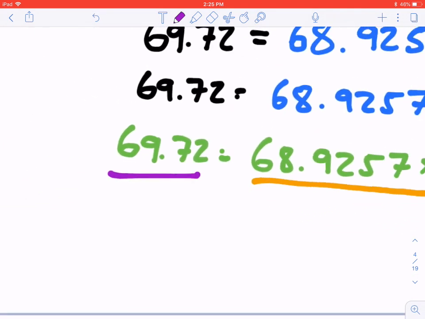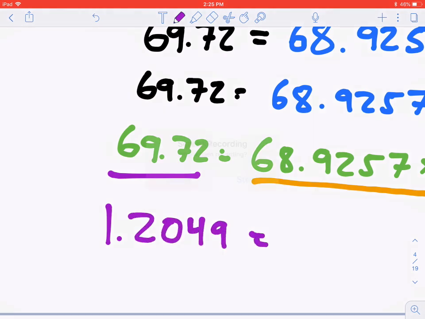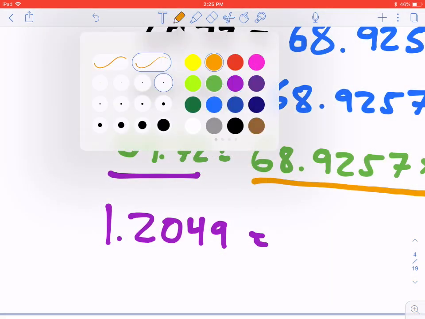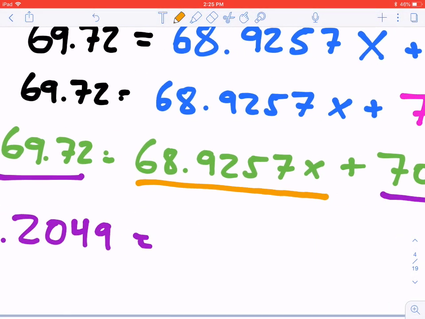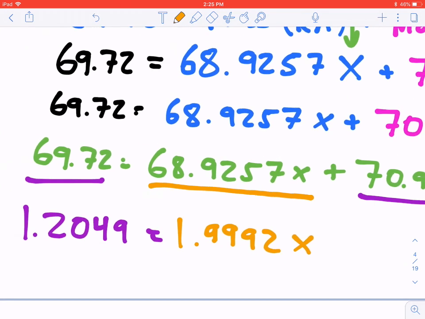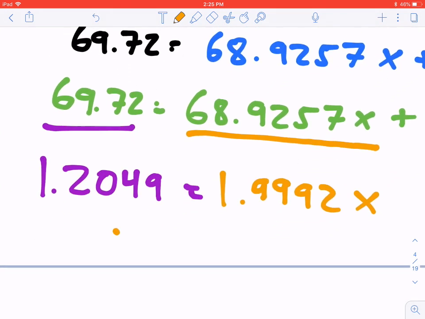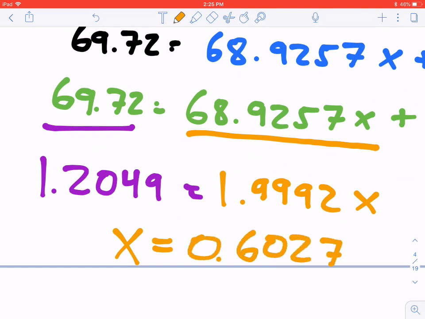So when we do all of that, and hopefully you can check this on your calculator, you get 1.2049 is equal to 1.9992x. So then finally, if we solve this thing for x, we will realize that x is equal to 0.6027.